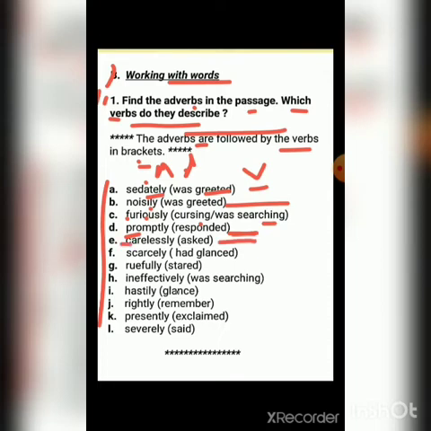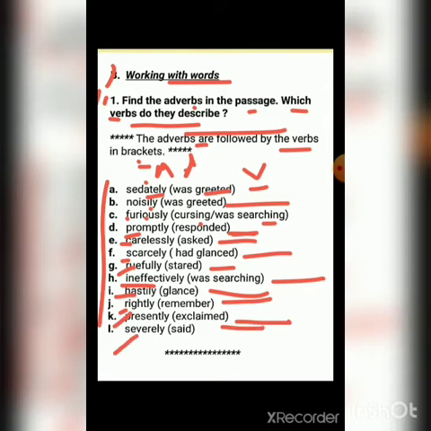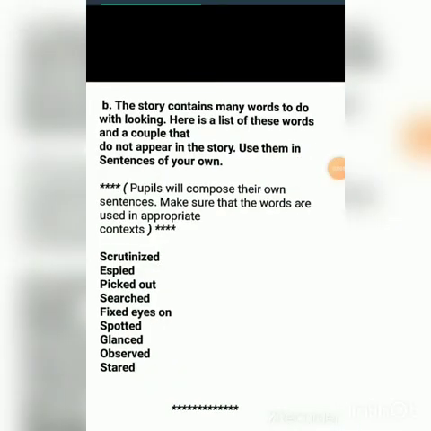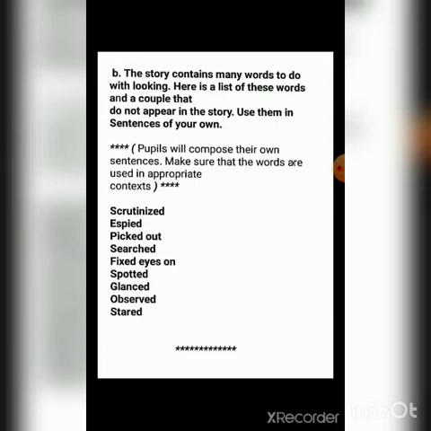Carelessly asked, scarcely had glanced, ruefully stared, ineffectively was searching, hastily glanced, rightly remember, presently exclaimed, severely said, ठीक है. Remember the brackets, the verbs are in the brackets, followed by the adverbs. Right, so that is how you have to do it in your books. Make sure to do it with neat handwriting and do not make any mistakes in the spellings.